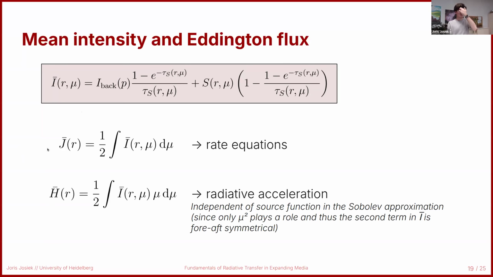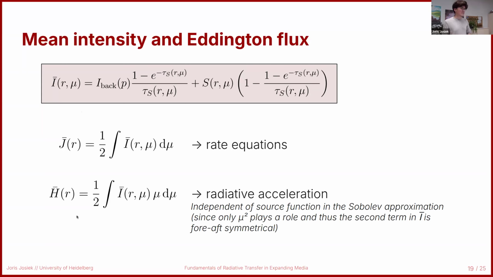So this J bar is the mean intensity, and this is what you use to then compute rate equations. This couples to the equations of statistical equilibrium and will then tell you how the electrons are distributed inside atoms. Whereas this H bar is used to compute the radiative acceleration.